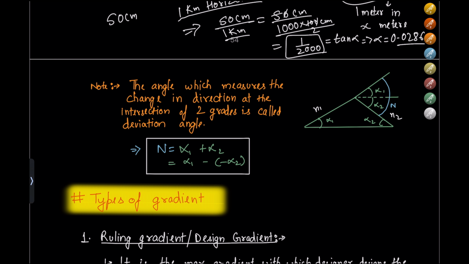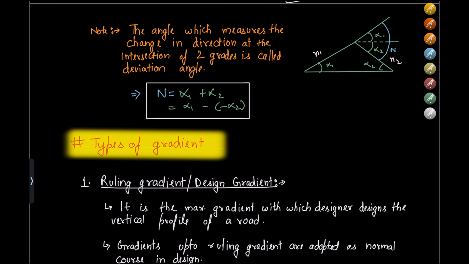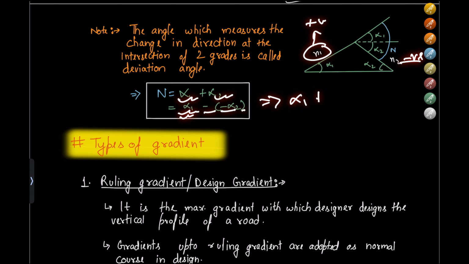The two angles that the pavement is making are alpha 1 and alpha 2. Then N is the deviation angle that is given as alpha 1 plus alpha 2. It can also be given as, if this is positive and this is negative, alpha 1 minus alpha 2, which will also come out to be alpha 1 plus alpha 2, right?